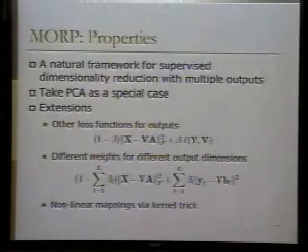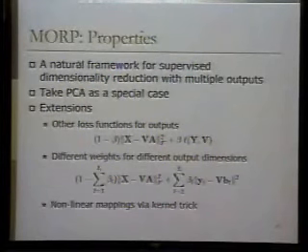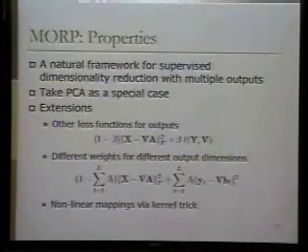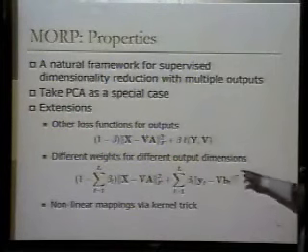This is a very nice framework for supervised dimensionality reduction, especially with multiple outputs. If you take beta to be 0, you get PCA, because this just recovers the latent variable model of the unsupervised learning case. It's easy to extend this framework, so we can try to use some other cost function here.